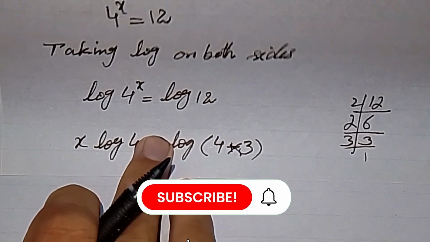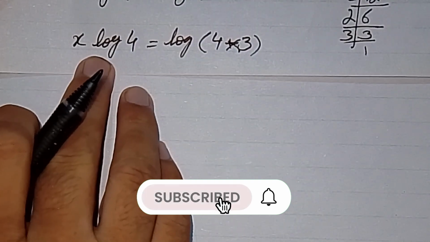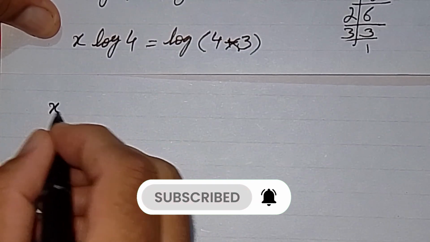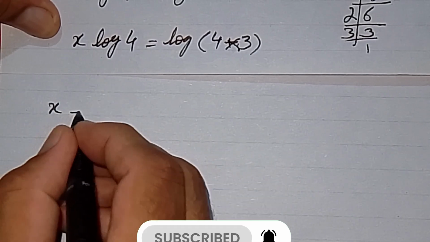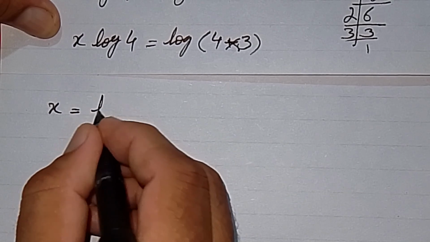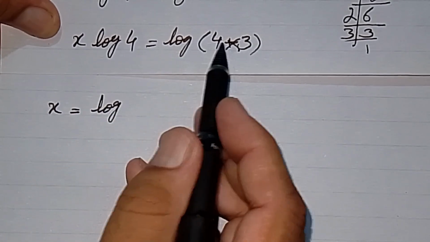Now it becomes x is equal to log 4 into 3 over log 4.